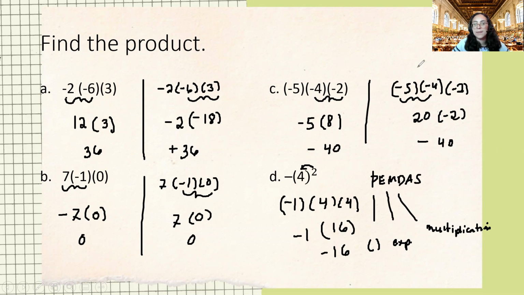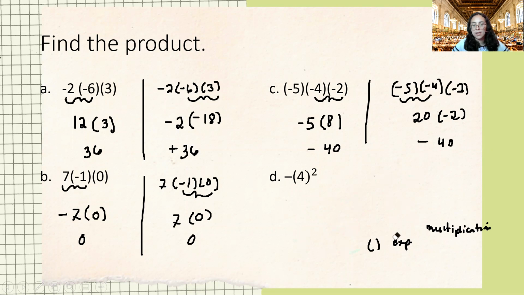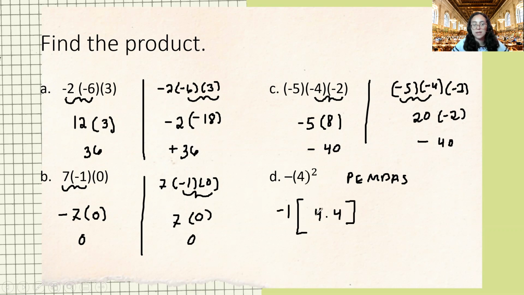So I guess a better way to write all this would be to write our PEMDAS on the side right here. And we'd have our -1 here and our big parentheses, so 4 times 4 on the inside. So this would be 16, positive 16.